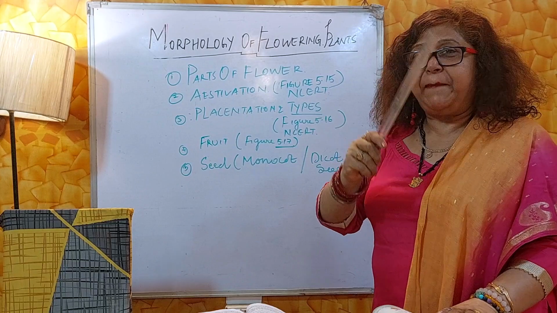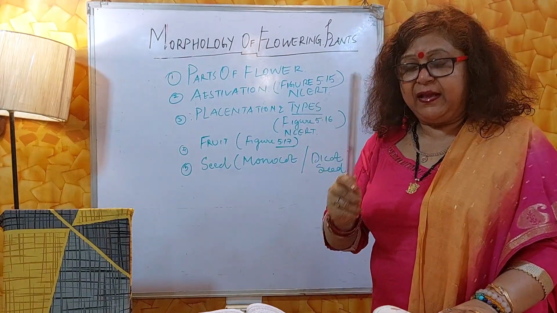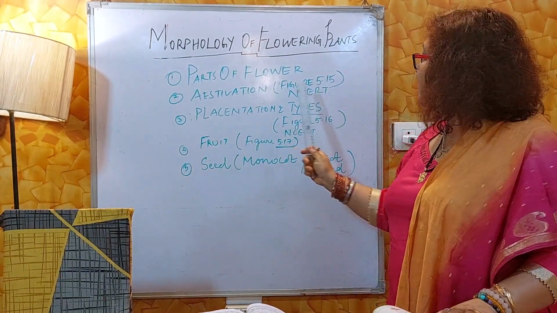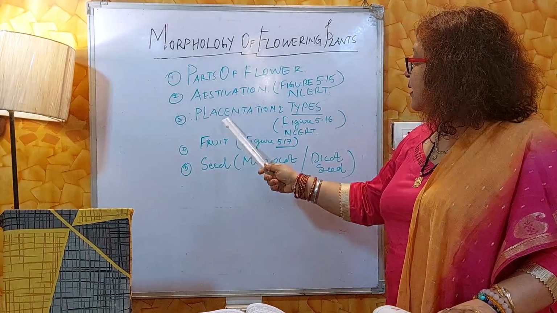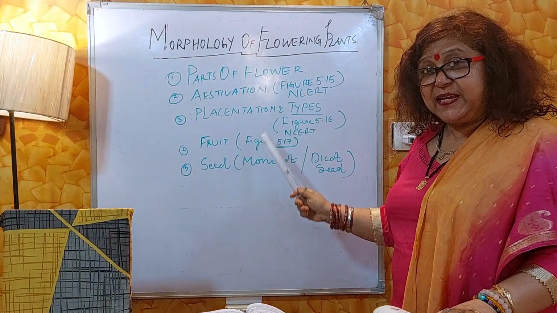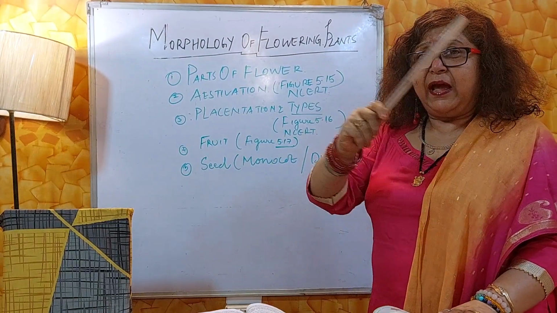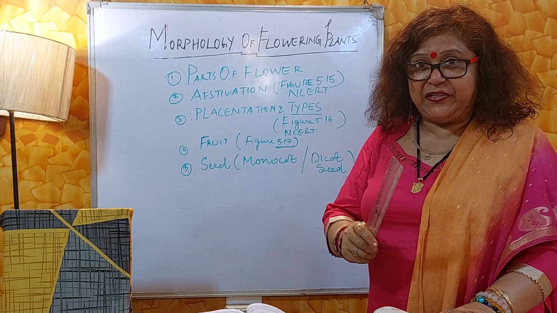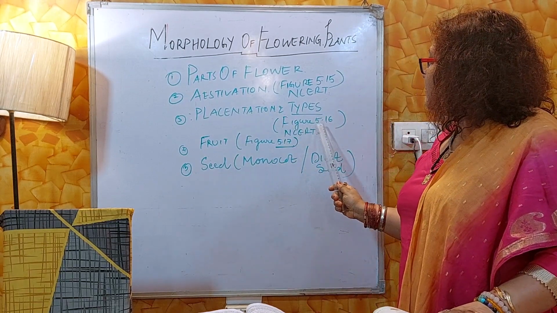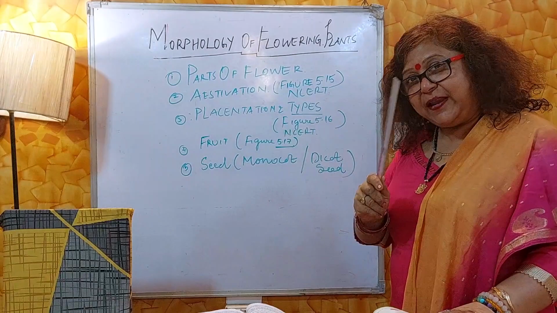That is how the petals are arranged in a particular flower, with a diagram, figure 5.15 in your NCERT book. Then we come to another term called placentation. That is the arrangement of the ovules inside an ovary. The diagram is figure 5.16 in your textbook.